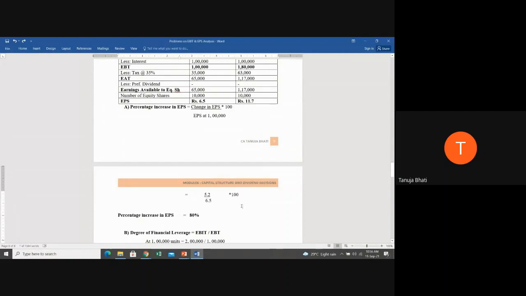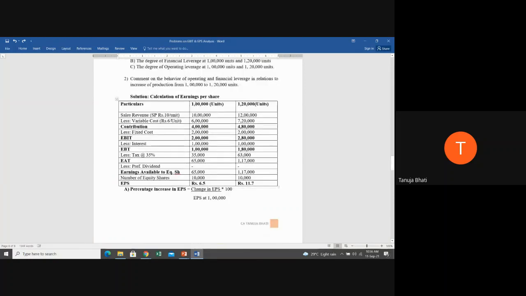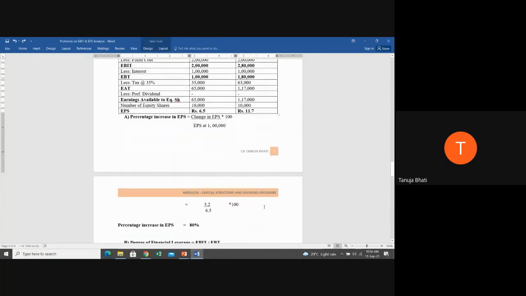The percentage change in EPS is nothing but 80%. So when your sales volume is increasing from 1 lakh units to 1,20,000 units, your EPS is also increasing by 80%.